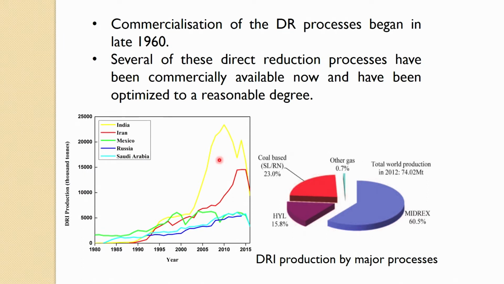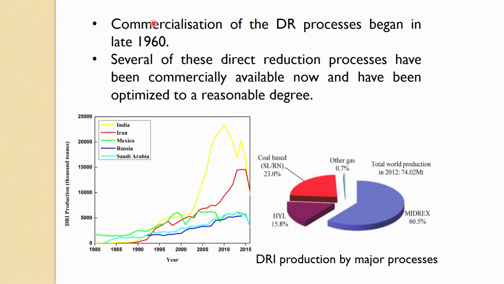But anyway, if you look at the production, it is there, but it is not very high. The commercialization of the process started in late 1960, and as I mentioned in the previous slide, because you get the iron in solid form and what you need is liquid form, because finally it has to be melted again. So, economically it is not that viable.